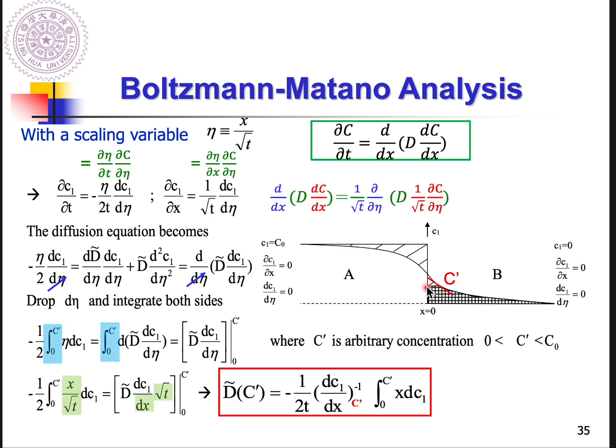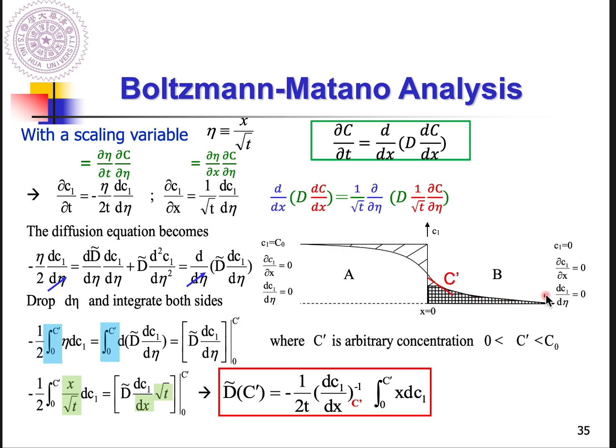Okay, so this is just a mark. So based on this result, it's quite easy to directly use this result to get the interdiffusivity at different locations in this diffusion couple, right? As long as you get this curve.